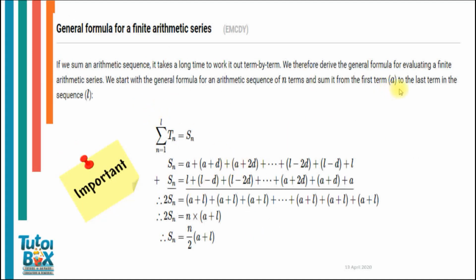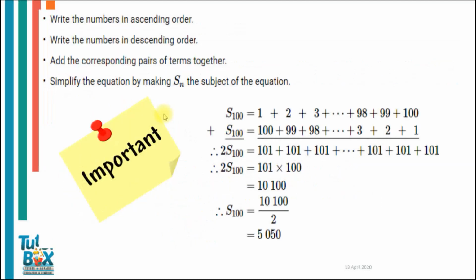So we want to sum. First we'll start with this here. We'll start with the general formula for an arithmetic sequence of n terms and sum it from the first term A to the last term in the sequence L. Now we're summing it all the way to the last term.